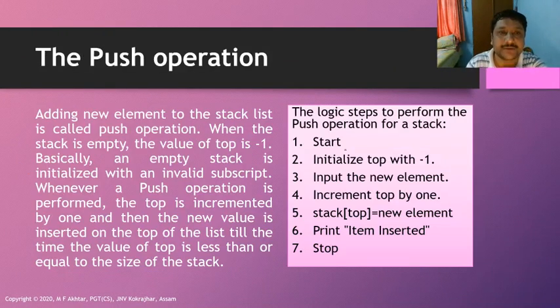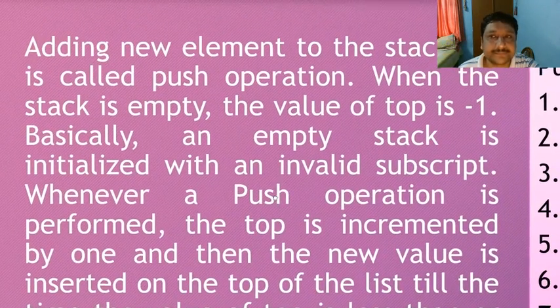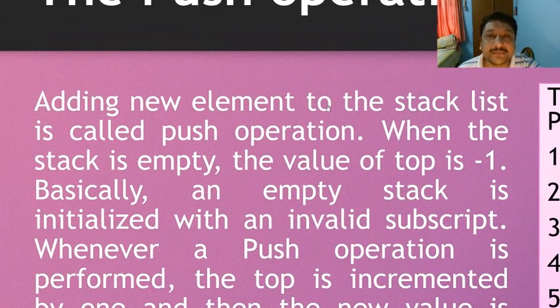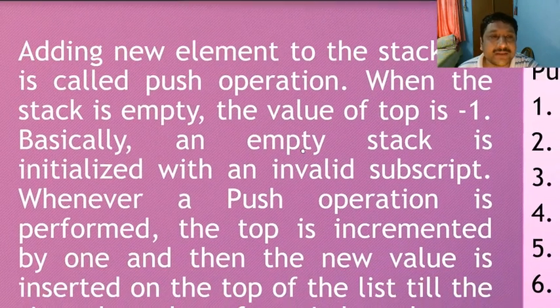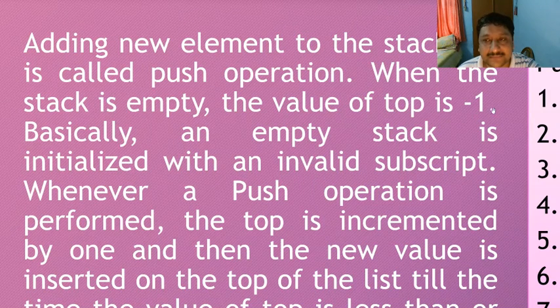Two major operations. Now in detail we are learning the push operation. What is push operation? Adding a new element to the stack list is called push operation. When the stack is empty, the value of top is -1. Why are we taking -1 here?